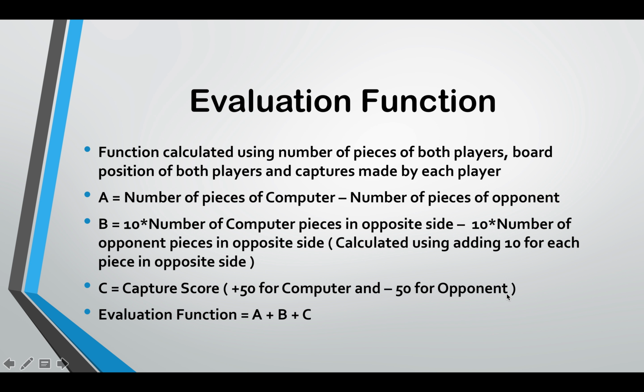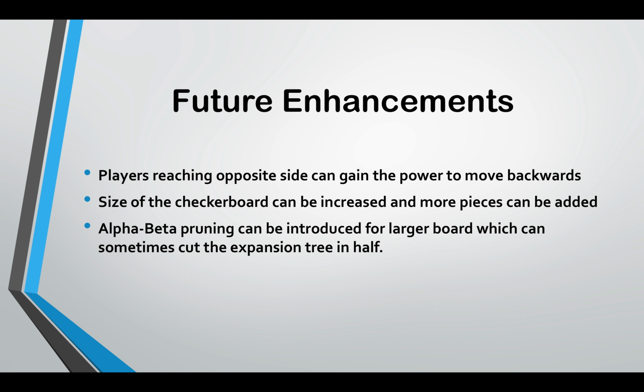We do this because the computer will always try to maximize the score, and the opponent will always try to minimize the score. Adding them all together, like a plus b plus c, we get our evaluation function. So this is pretty much it.